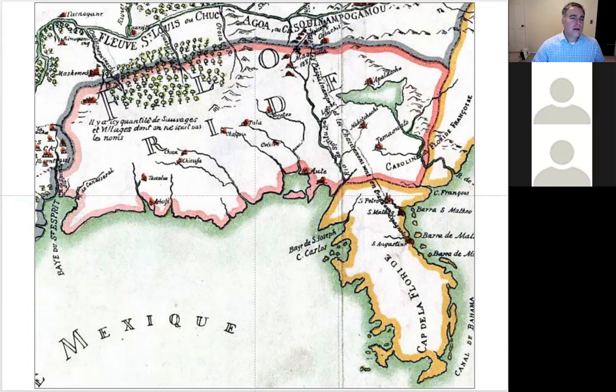And this is in French, so it might not be so obvious. But these are intended to be the towns of the Creek Confederacy, and maybe a little farther north you might get into the Cherokees, a little farther west maybe the Chickasaws.